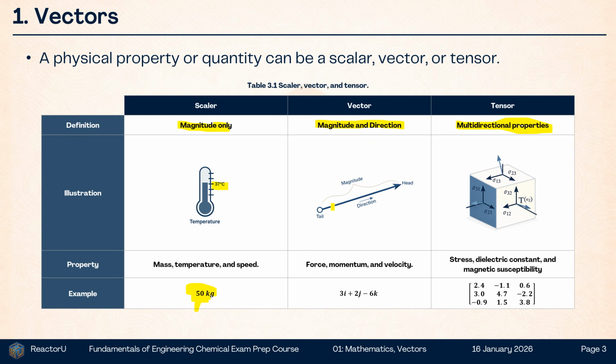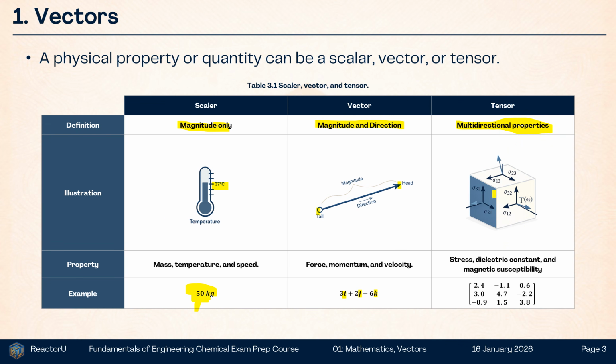And when we have a vector, we have a head and we have a tail, and what's between them is our vector. Examples are force, momentum, and velocity, and it has a direction: the x-axis, y-axis, and the z-axis. And when we have a multi-directional property, which is a tensor, basically we have a higher level vector.